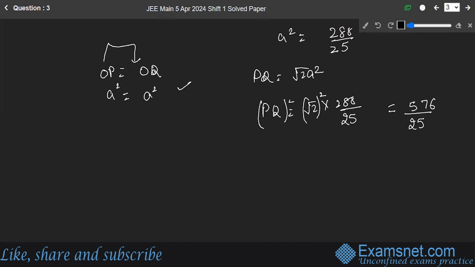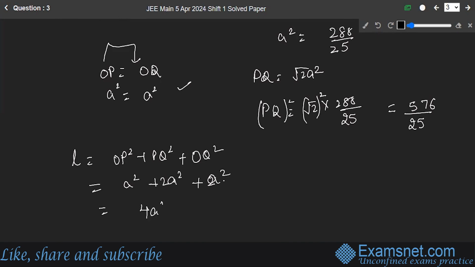And now you have to find out the length of L, which is OP square plus PQ square plus OQ square. This is A square, and this was your A square, and this is equal to your 2A square, and this is this. So this makes it a total of 4A square, which is 4 into 288 upon 25.